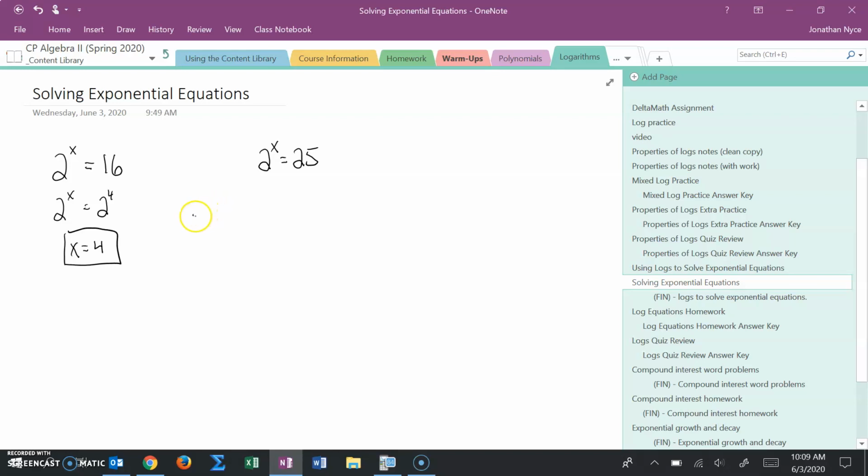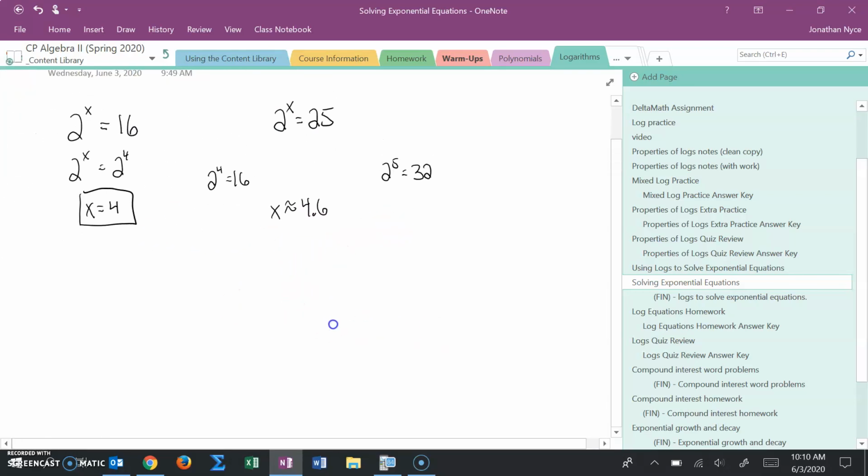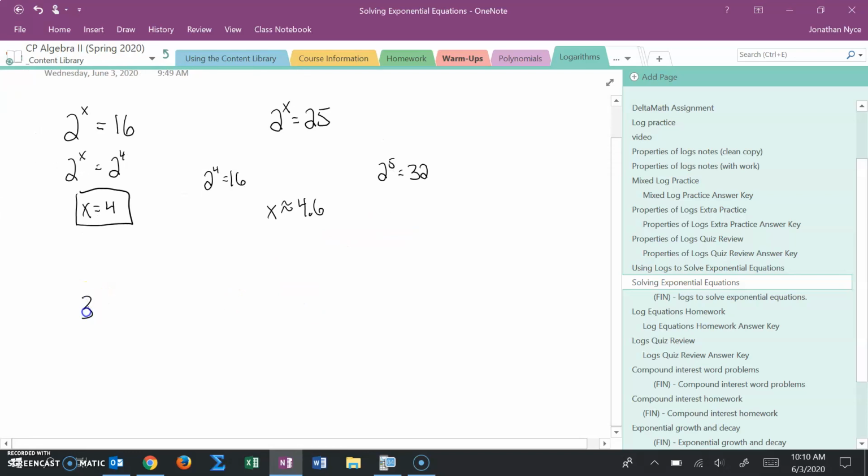We know that 2 to the 4th power is 16, and 2 to the 5th power is 32. So that means our x has to be somewhere between 4 and 5, maybe 4.6, something like that.